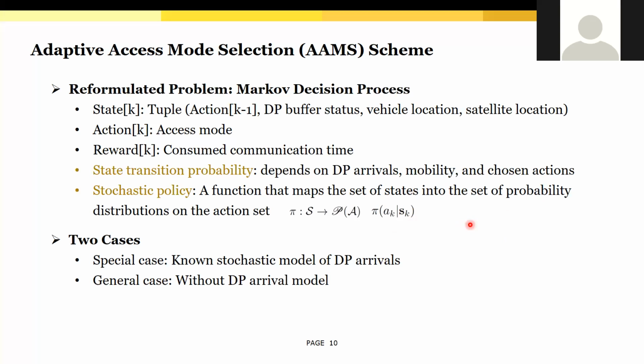Therefore, based on the MDP, we should find a stochastic policy pi to determine the action in each time slot. Considering whether the stochastic model of the data packet arrival is known or not, we solve this problem for 2 cases: a special case that the data packet arrival model is known, like a Poisson model, and a general case that the data packet arrival model is unknown.